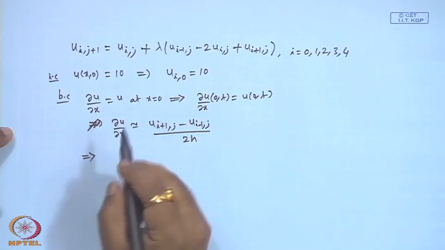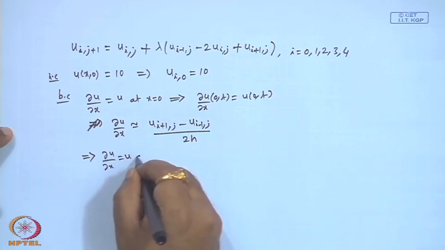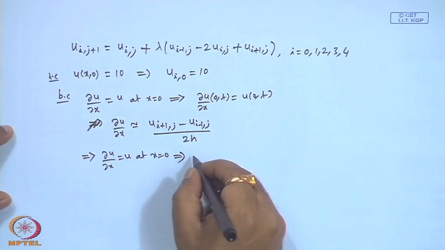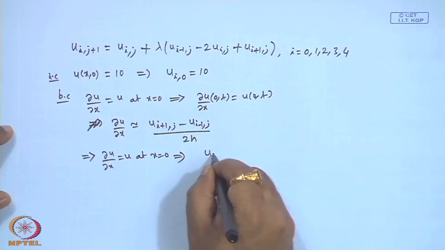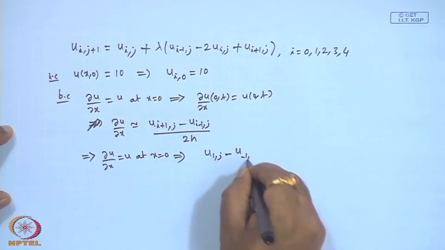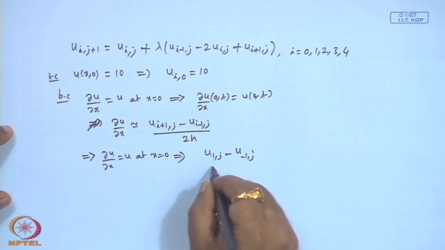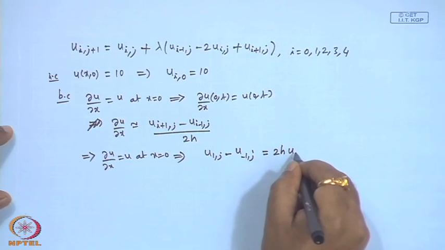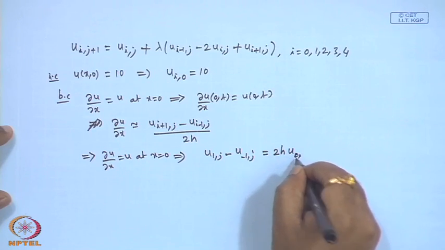Accordingly, the condition of u at x equals to 0 becomes, this is x equal to 0. So, u 1 j and here we get u minus 1 j is equal to 2 h u 0 j.